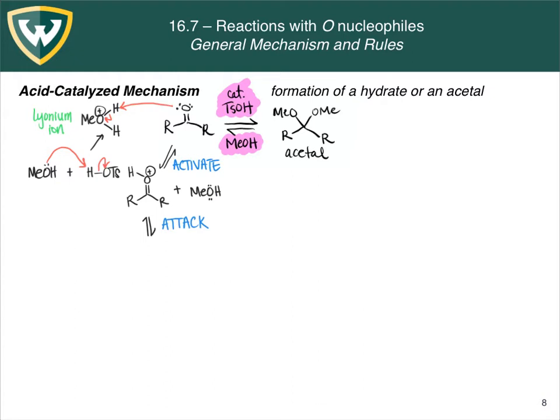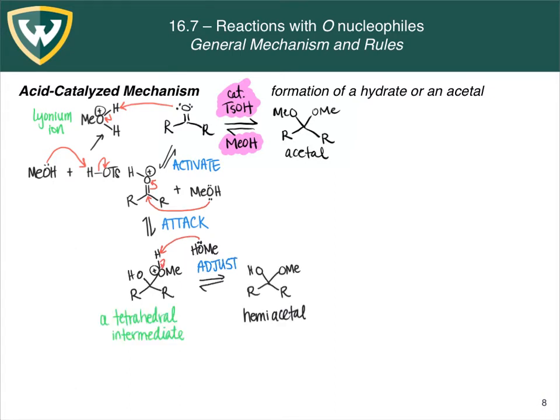Methanol can then attack that carbonyl, and now we need to adjust our protons. Since methanol is our solvent, there's plenty of it around, so we can use methanol to deprotonate the tetrahedral intermediate. That leads to the hemiacetal shown here.